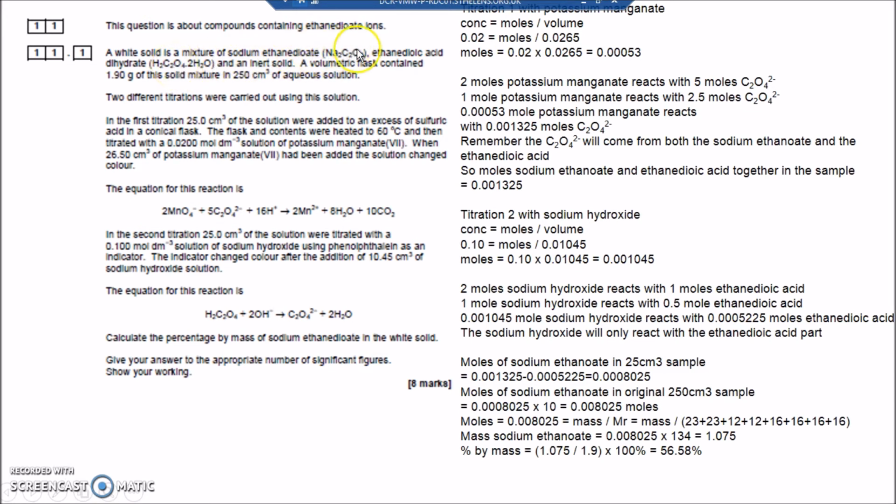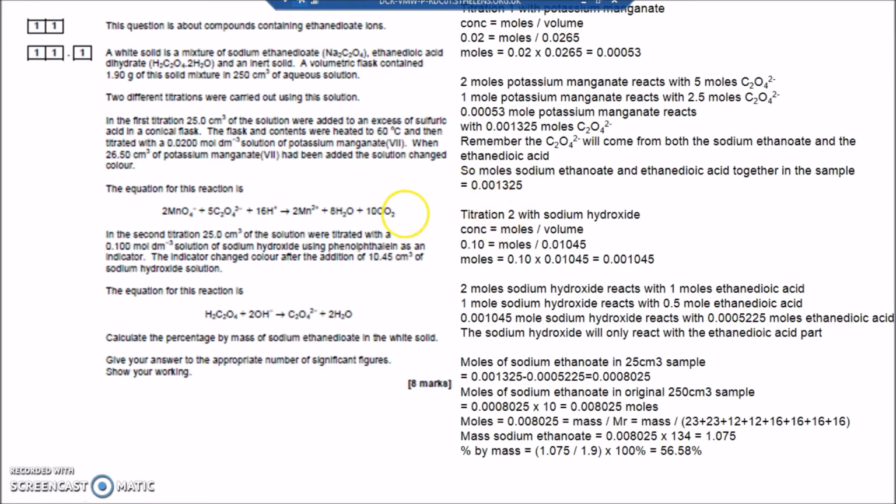So the number of moles of this added to the number of moles of this, they both contribute towards making the ethane dioate ions. So the number of moles of ethane dioate ions is 0.001325. We've established that. So the number of moles of these two chemicals, the sodium ethane dioate and the ethane dioic acid dihydrate, must add up to 0.001325 together.